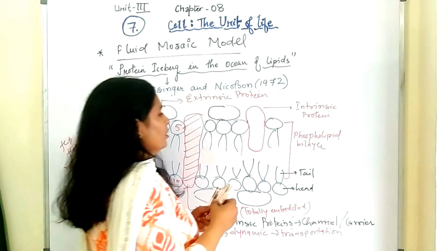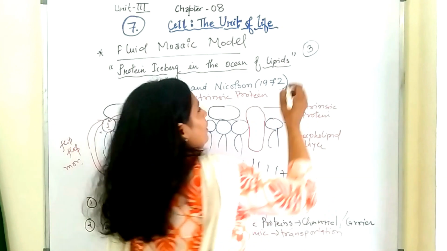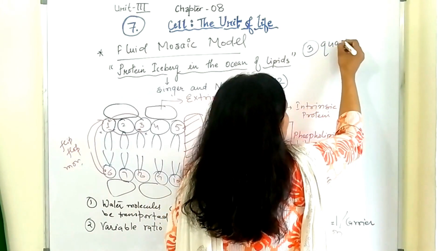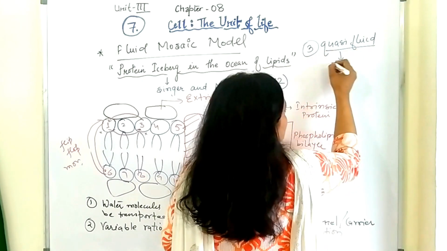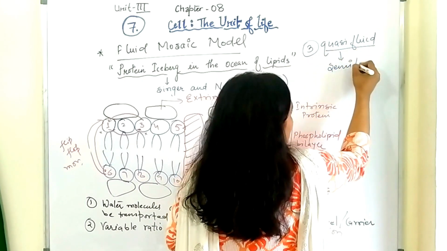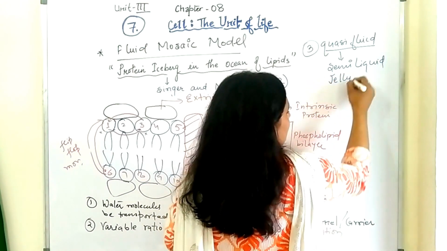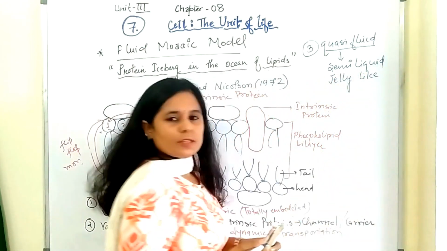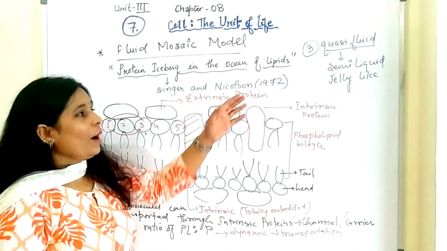And third one was, according to Singer-Nicolson, it was quasi-fluid. Quasi-fluid means semi-liquid or jelly-like. The membrane was quasi-fluid and it was jelly-like structure. Why it is so?